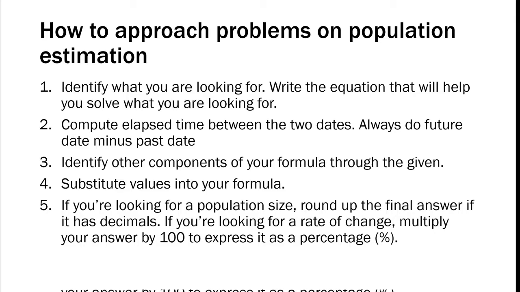But in rounding up, it doesn't matter how big or small the decimal place is. As long as there is a decimal place, you should round it up to the nearest whole number. And we already know the reason for this. Whenever we're dealing with population size, we're dealing with people. So it wouldn't make sense to have a measure such as 1,000,000.5 persons as the population size.